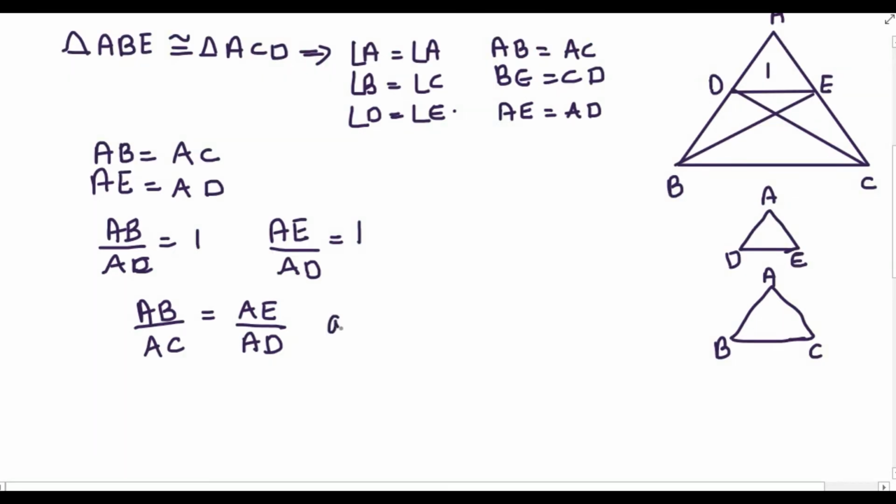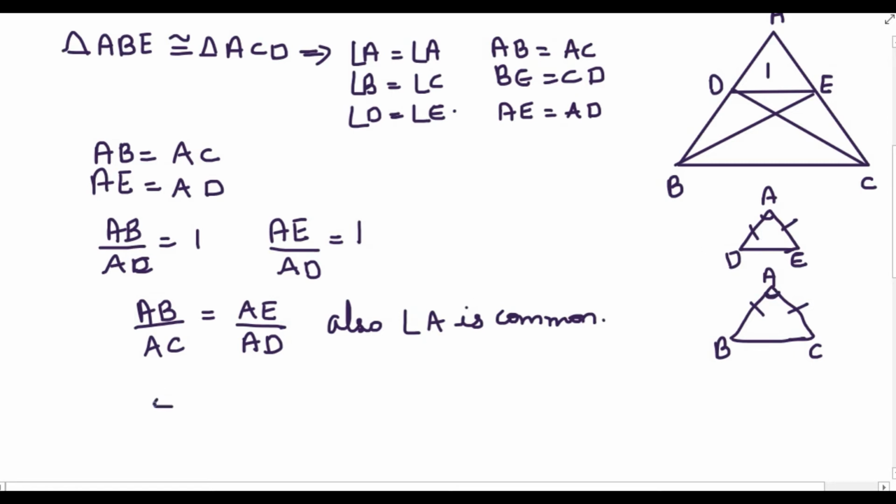Also angle A is common for both the triangles. So we can see AB by AC is the same as AE by AD, and the included angle is also the same.